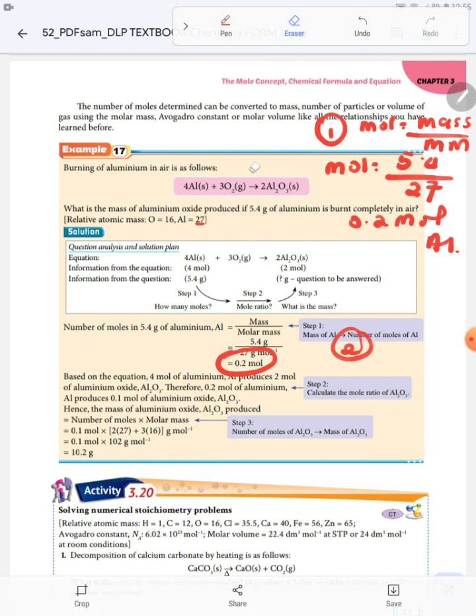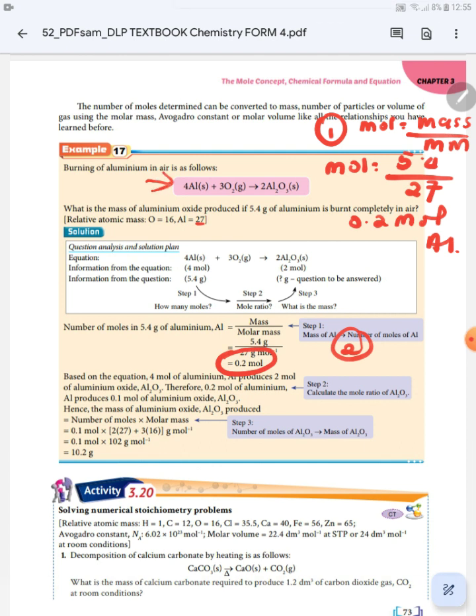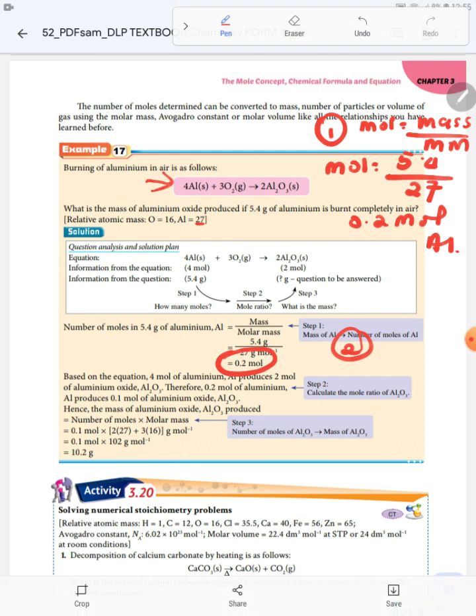Okay, just now I have mentioned 4 mole of aluminium react with 3 mole of oxygen, and we produce 2 mole of aluminium oxide. This is known as theoretically. Secara analoginya macam inilah.